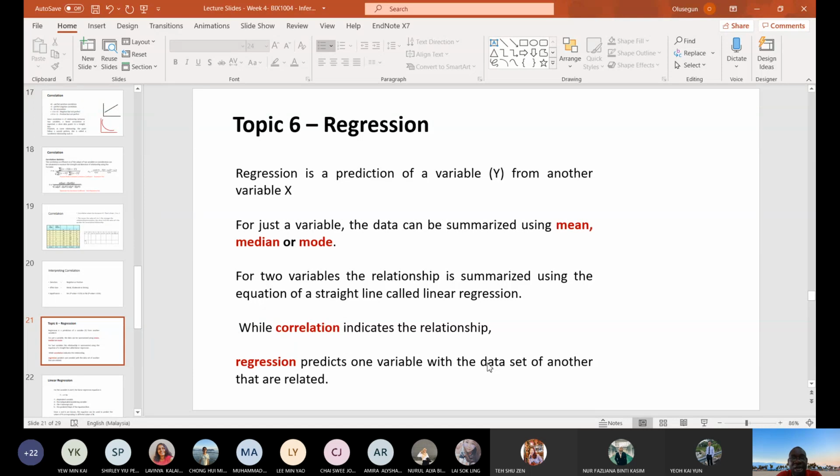So when two variables are related, when one changes, what happens to the other? Because if they are related, we will look at what will affect the other.